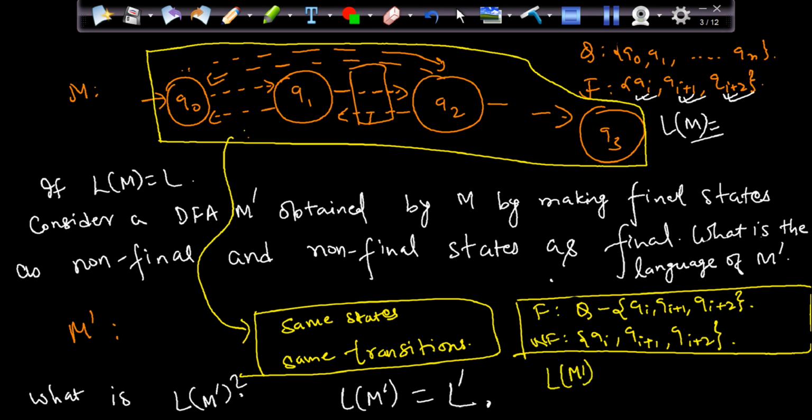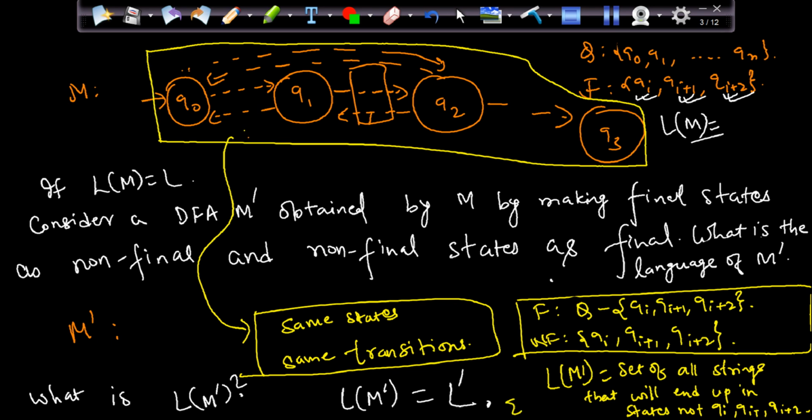The language of M dash is the set of all strings that will end up in states not in Qi, Qi plus 1 and Qi plus 2. So all those strings comprise sigma star minus L.